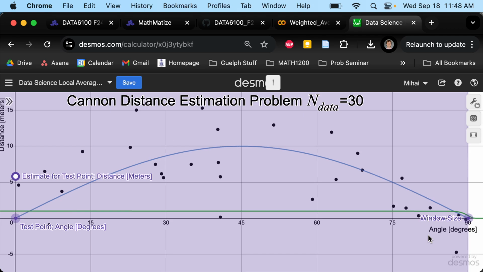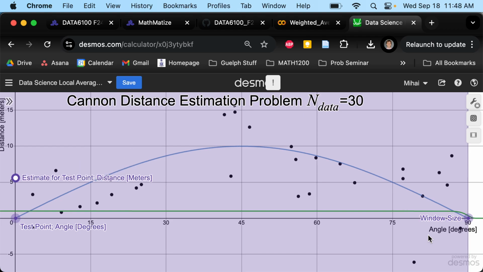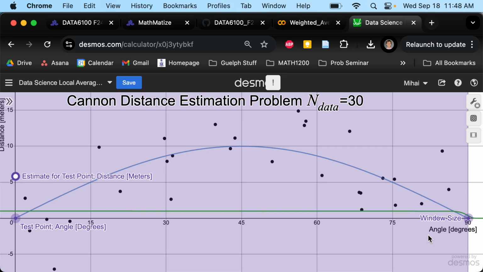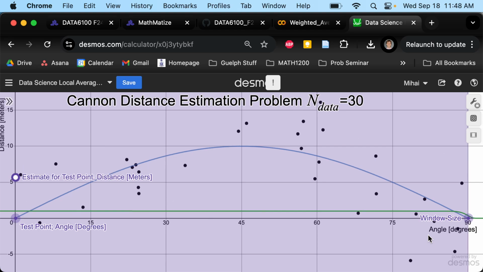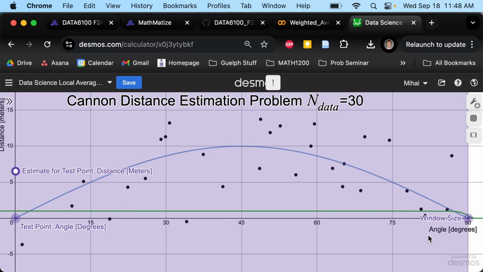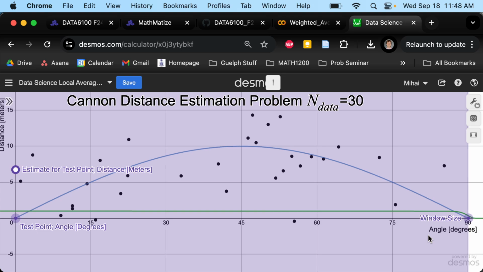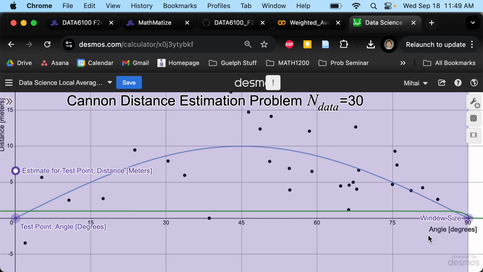Sometimes it was -5, sometimes it was +5. That was high variance. Now I've made the window size ginormous. It's very low variance, and you'll see that this thing is not moving very much. So the variance is sort of like how much this thing is moving, and the bias is where is it? Is it above or below the true value?